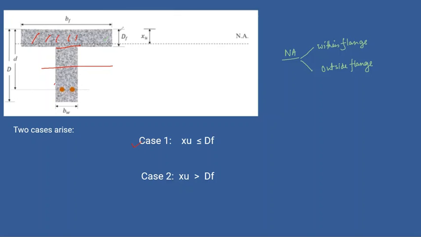Either Xu will be less than or equal to Df, or it will be greater than Df. Greater than Df मतलब अगर ये न्यूट्रल एक्सिस यहाँ lie करेगा तो आपका Xu is greater than Df हो जाएगा. So you get two cases.